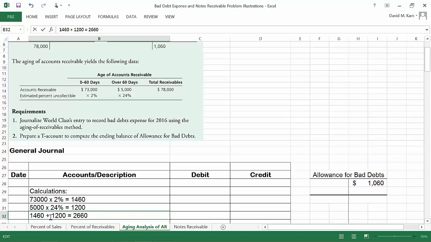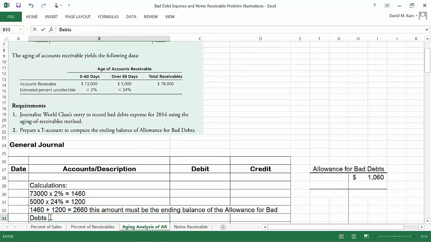And just like the percent of receivables method, this amount must be the ending balance of the allowance for bad debt after the adjusting entry. So we have to again solve for X.